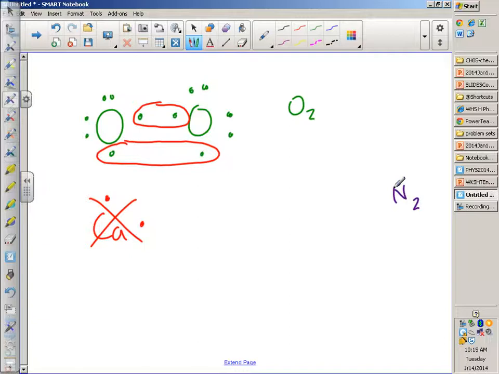So start off with a Lewis structure. Based on nitrogen's position on the periodic table, how many valence electrons does it have? 5.